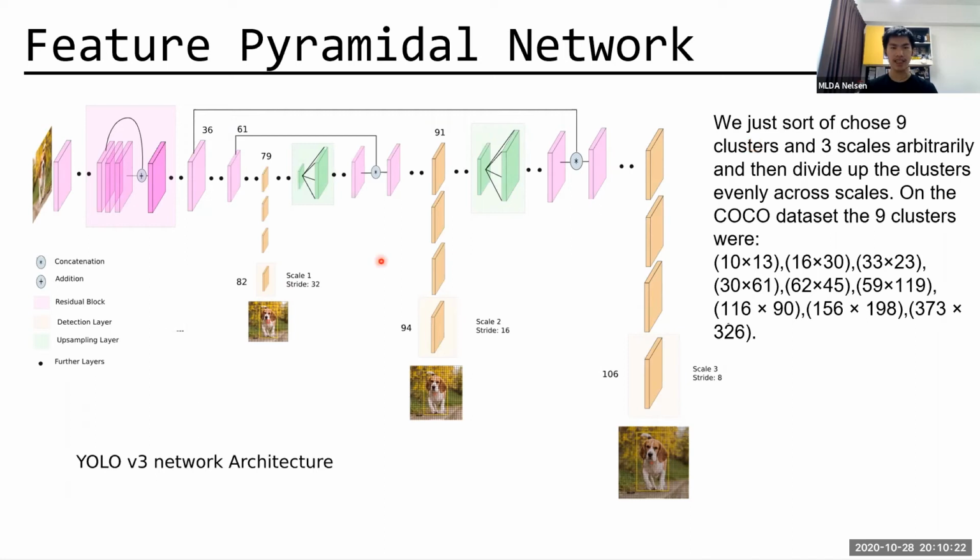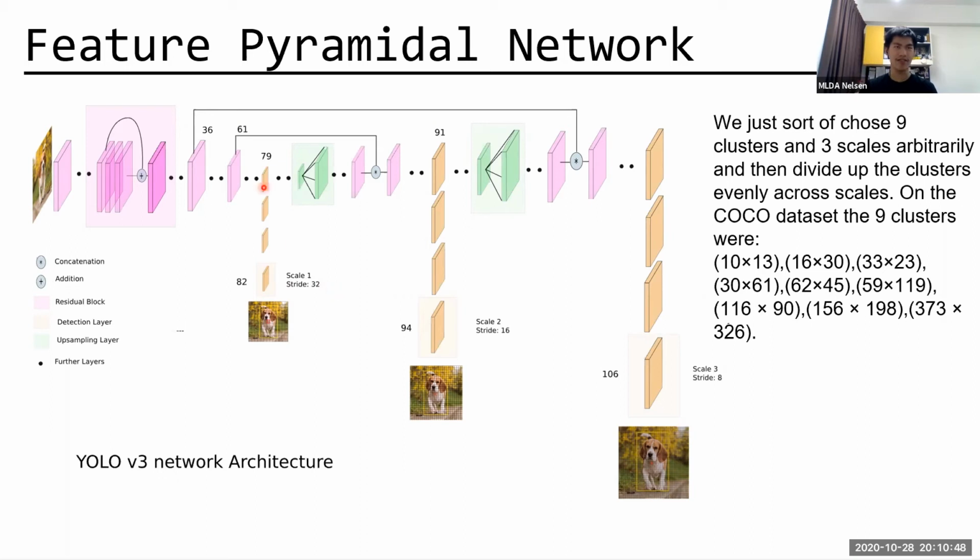So we can see here at layer 82, they do the stride equals to 32. So what is the stride? If you remember from the previous workshop, stride is actually dividing the input size of the image by the number of stride plus 1. So the idea is downsampling the image or downsampling the layers.